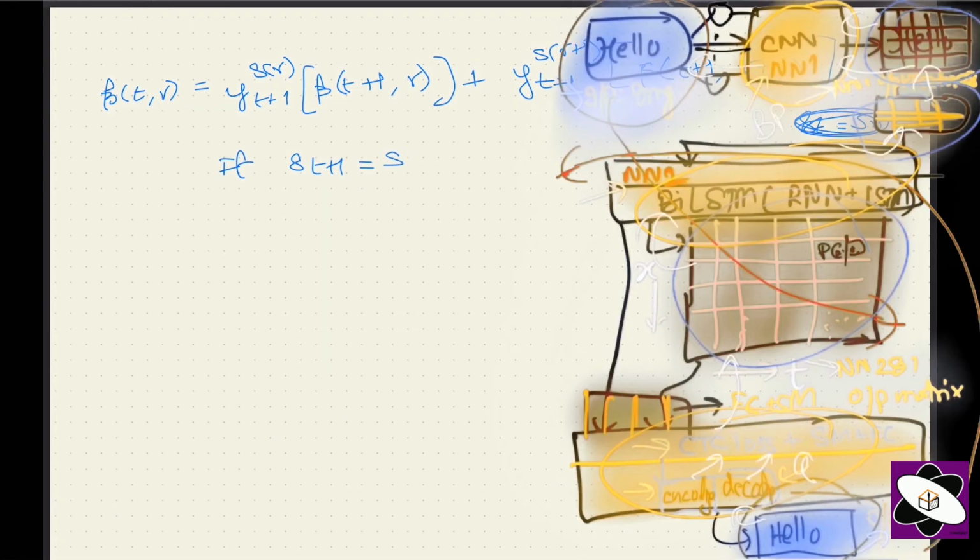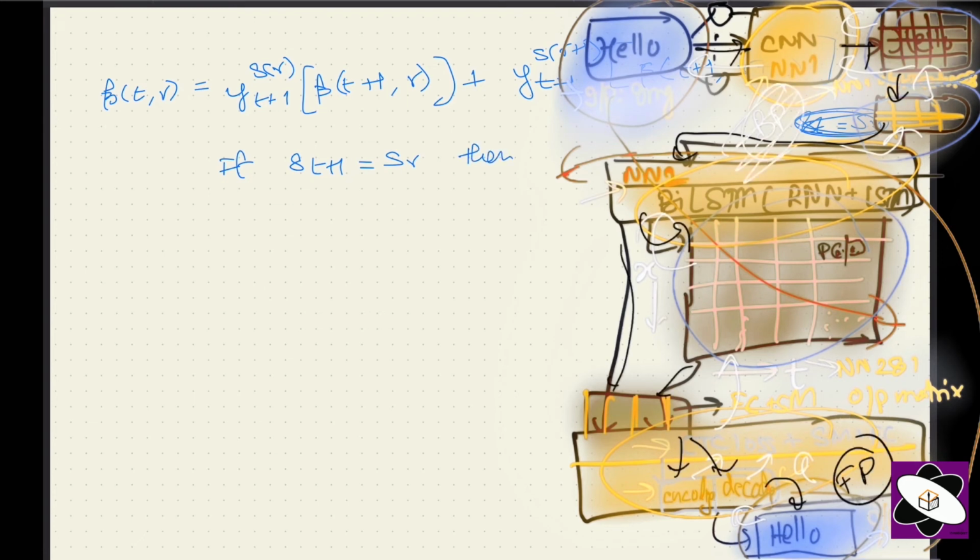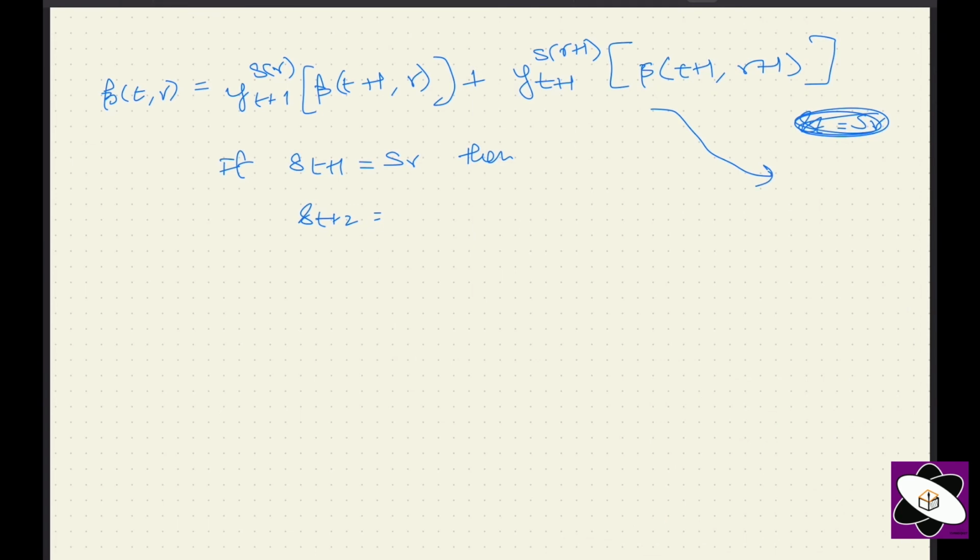If it is equal to s_r, then s_{t+2} can be decreasing or going downwards, right? So the r count will be increasing only because we are just going in this direction.